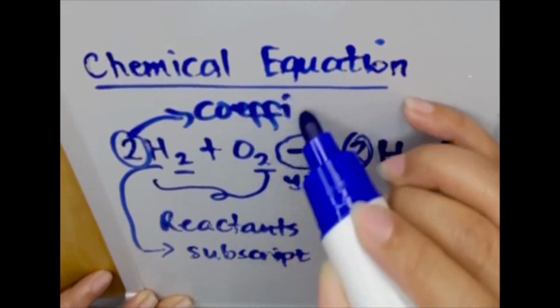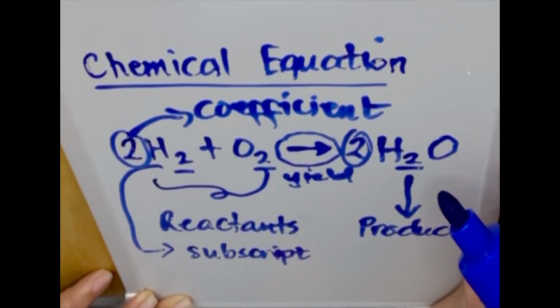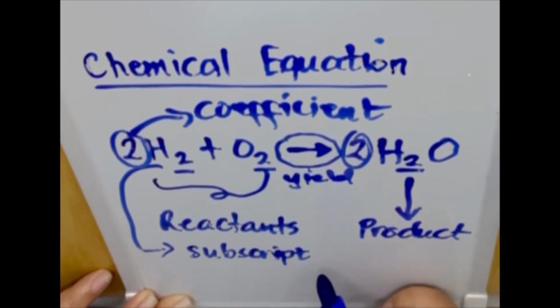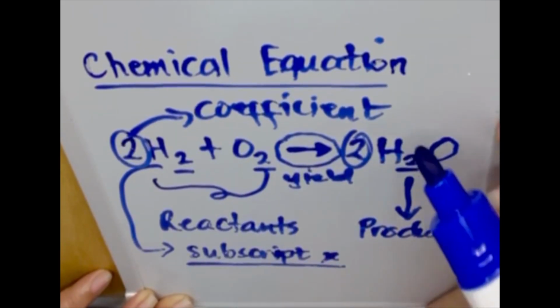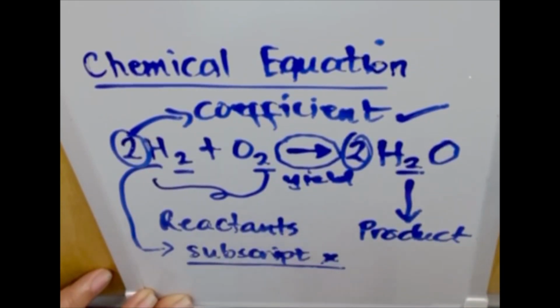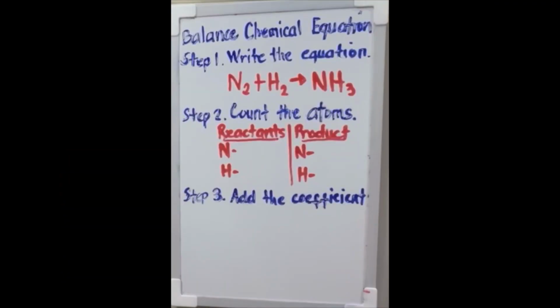When balancing a chemical equation, we do not change or touch the subscript. Whatever the original subscript is, it will be the same after balancing. For the coefficient, we add or change it to balance the number of atoms in the reactants and the product side.